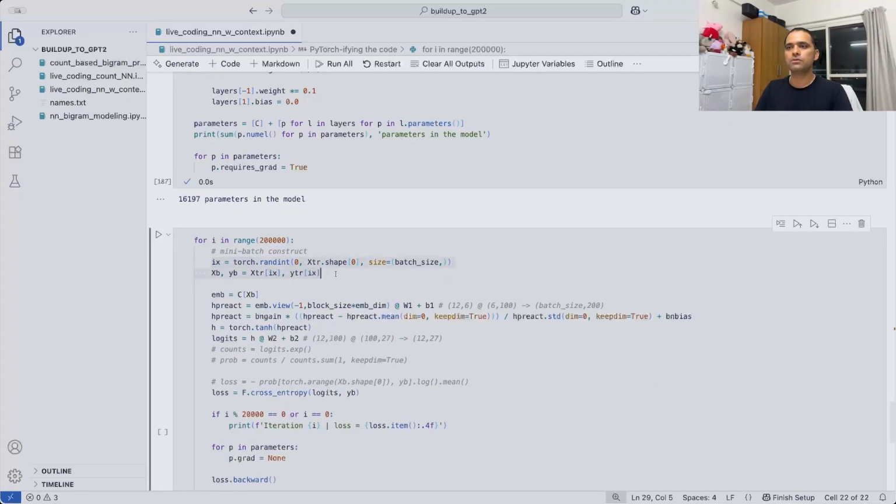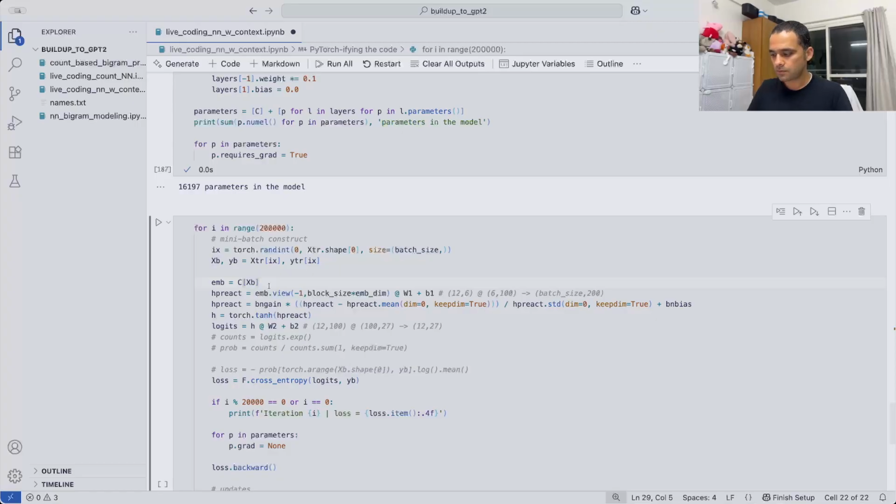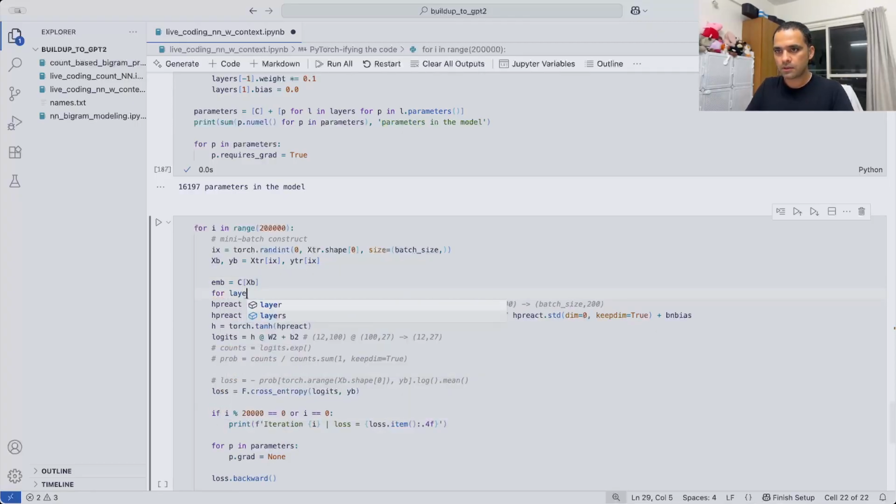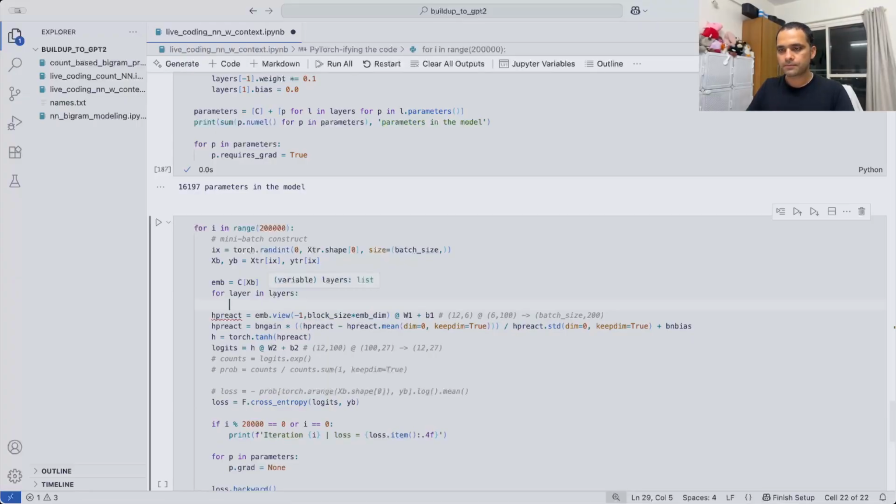Now what we need to do here is make a batch of data. Embedding equals C indexed with Xb. And then from here on, for layer in layers, x equals layer applied to x.